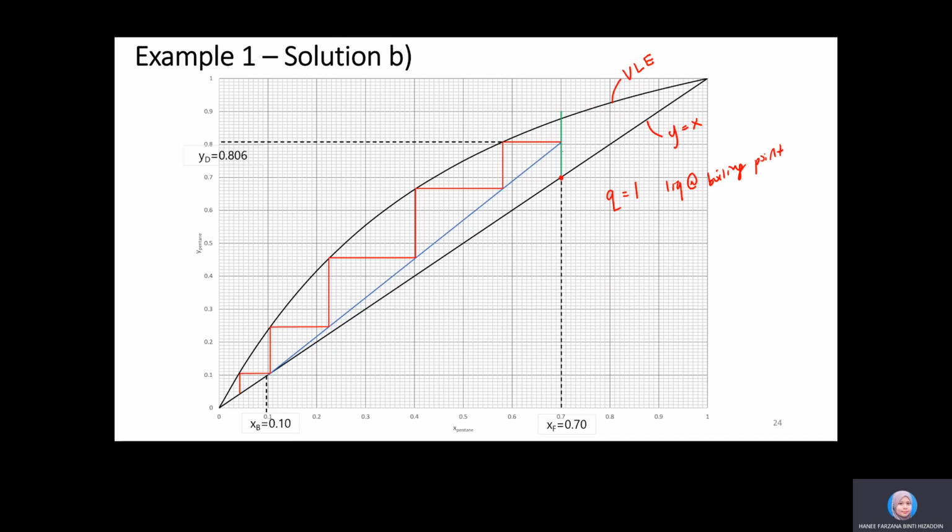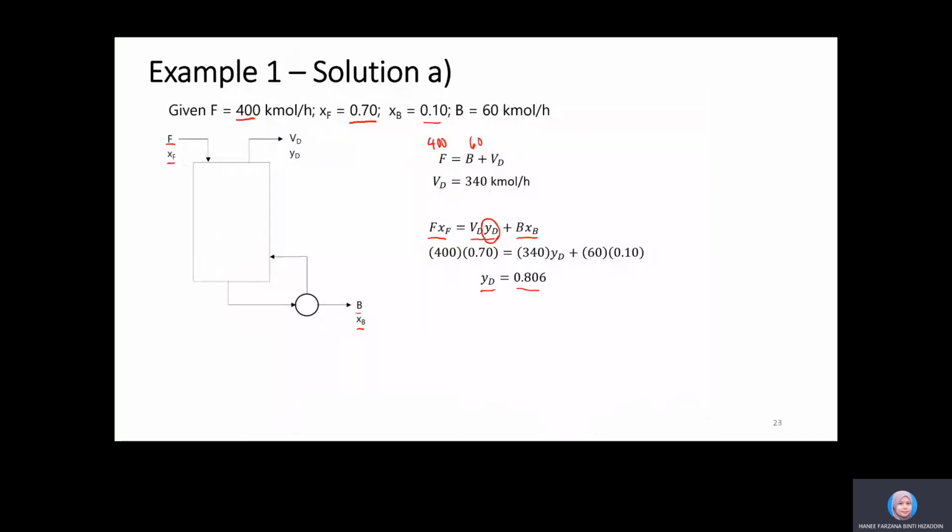But then where do you stop to get the YD? Just now we calculated YD to be 0.806. Looking back at the equation just now, this is a material balance equation, and you know that the operating line is actually the same as the material balance equation.